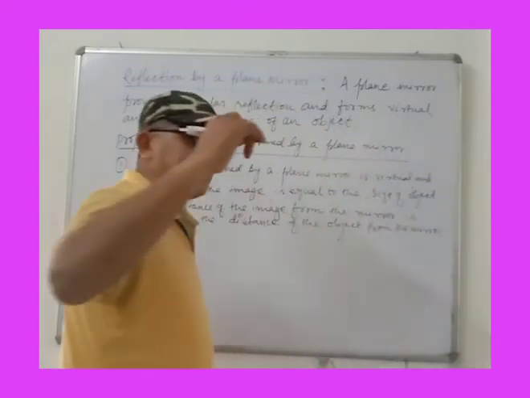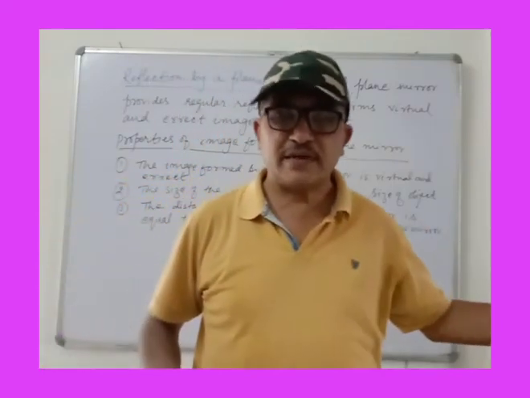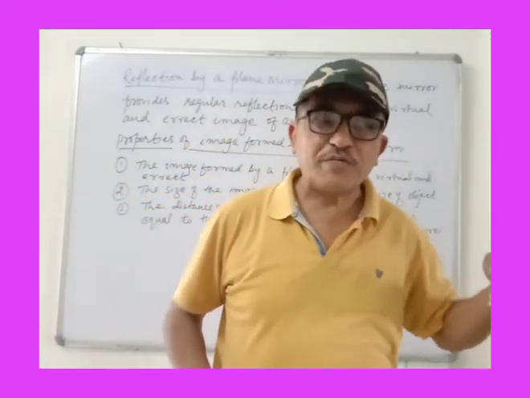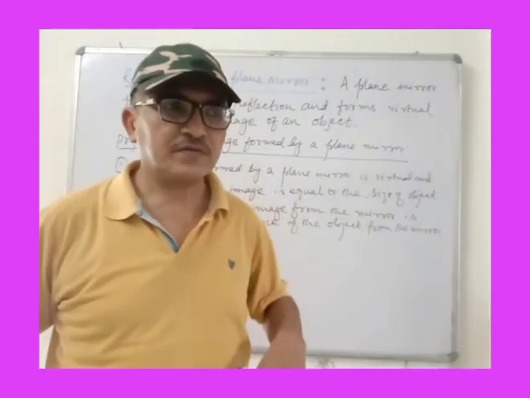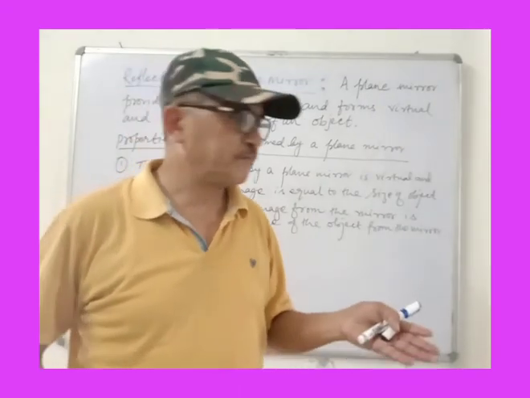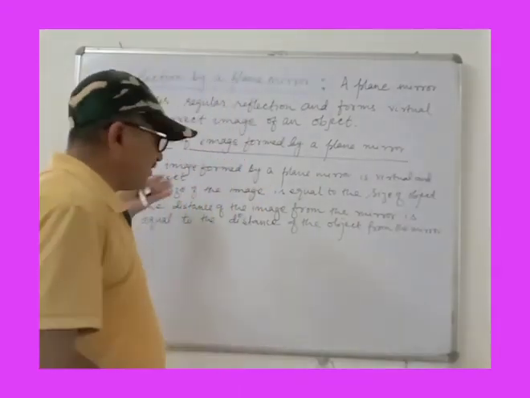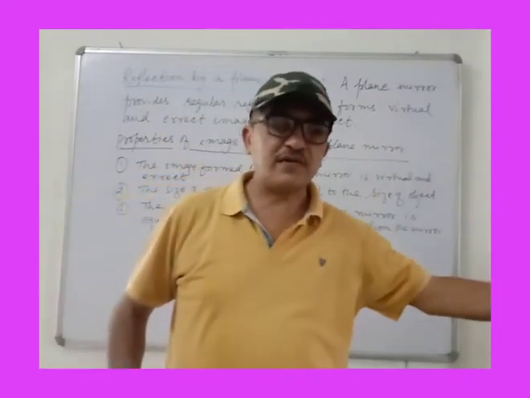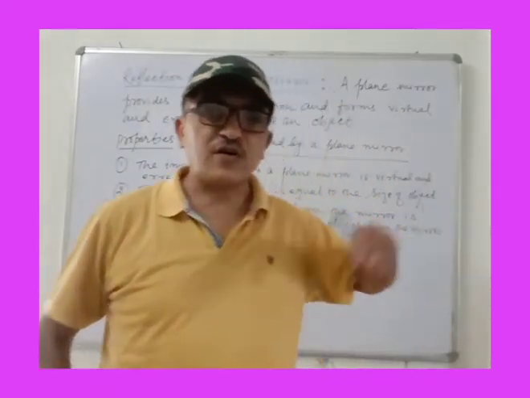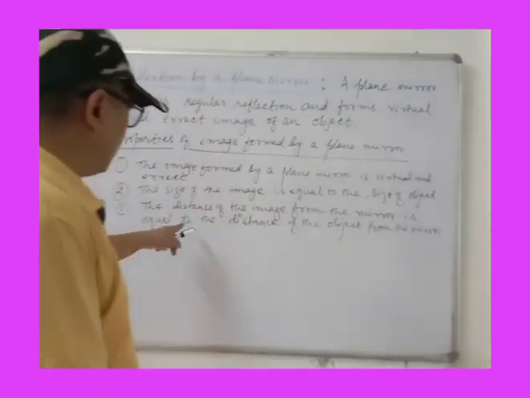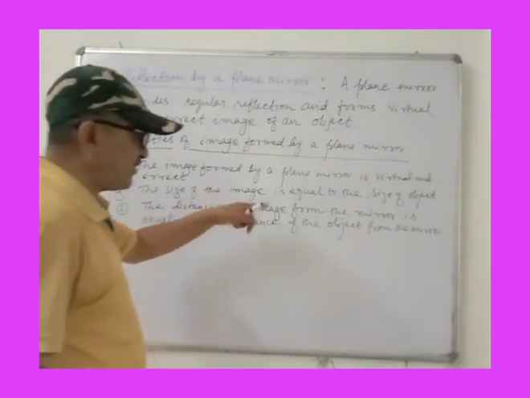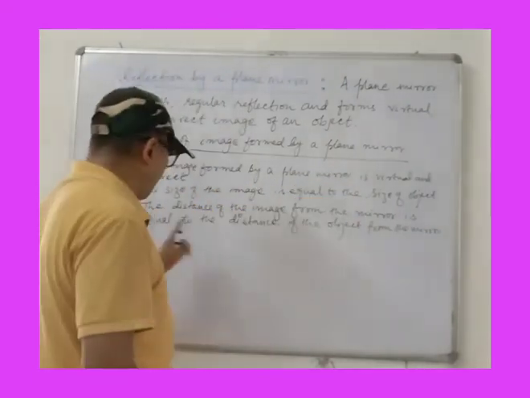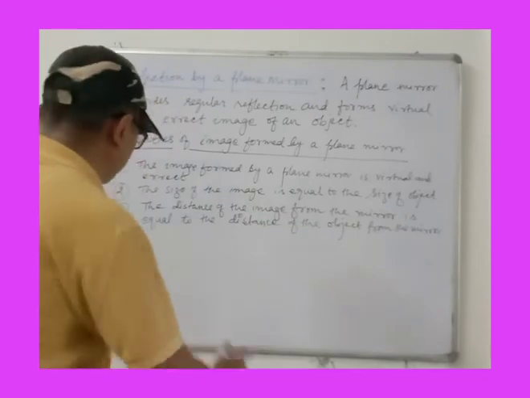That means the image will be as far behind the mirror as the object is in front of. You can write that also. The image is formed as far behind the mirror as the object is in front of. And I have written like this: the distance of the image from the mirror is equal to the distance of the object from the mirror.